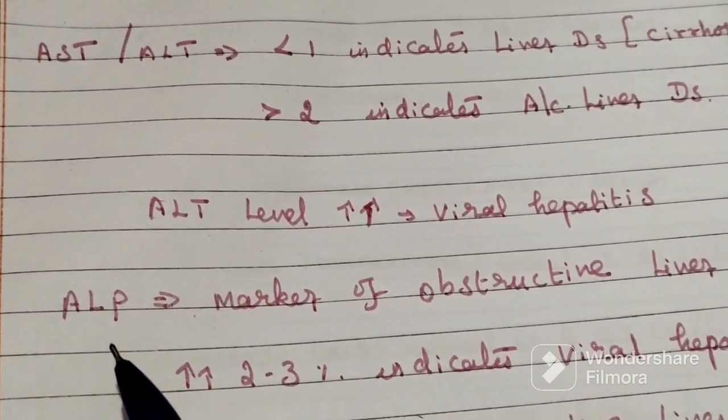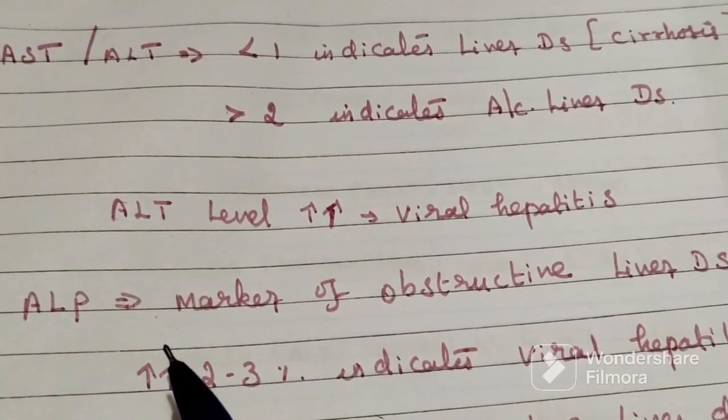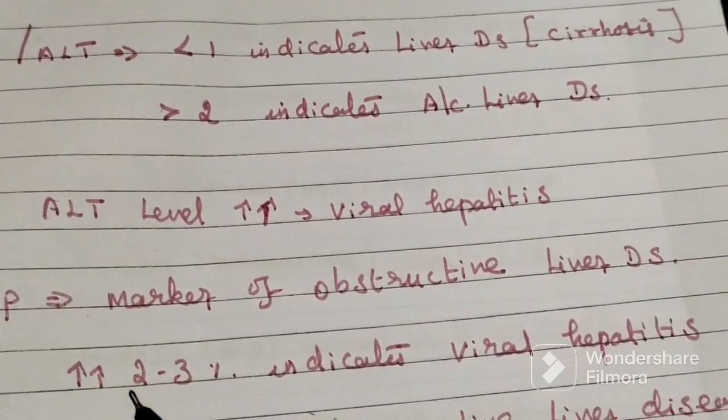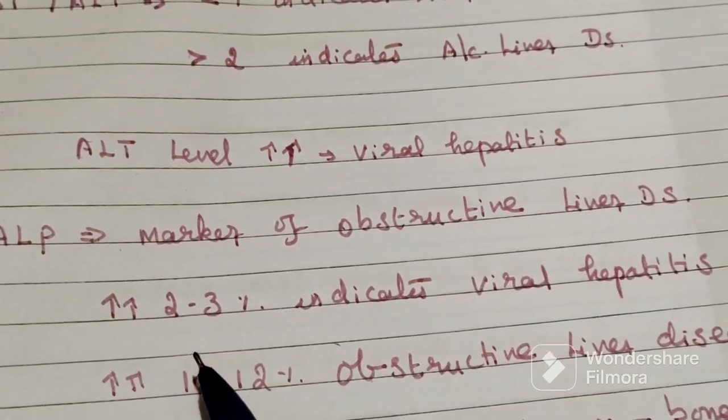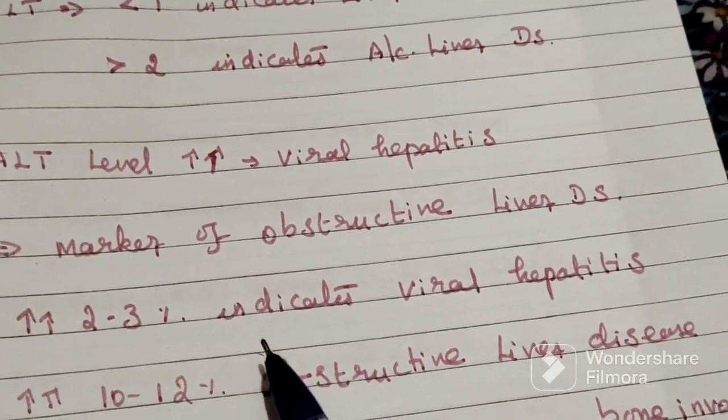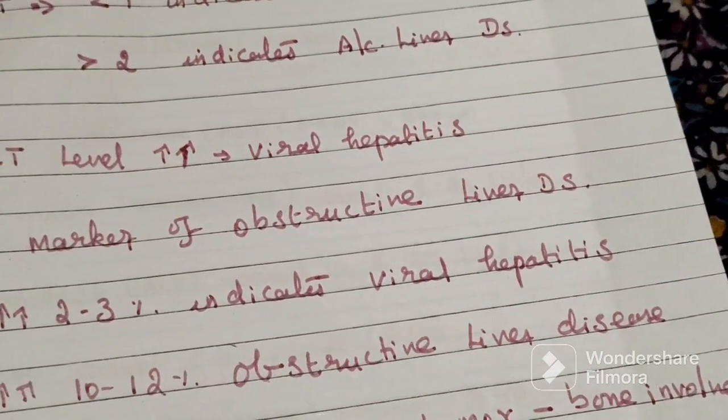Now coming to ALP, alkaline phosphatase, it is a marker of obstructive liver disease. An increase of 2 to 3 times indicates viral hepatitis.